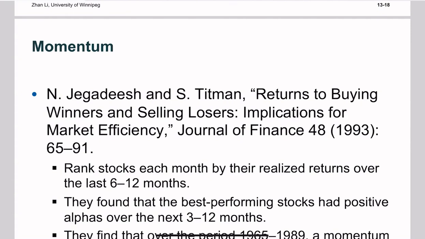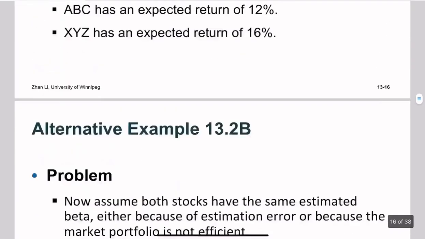And whenever you get a theory, you want to test it against data. So next, we look at data. We look at history. And we want to see that using historical data, whether we could find some trading strategies which could give us positive alphas. And in the end, you can see that we can find several results which tell us, yes, you can get positive alphas.